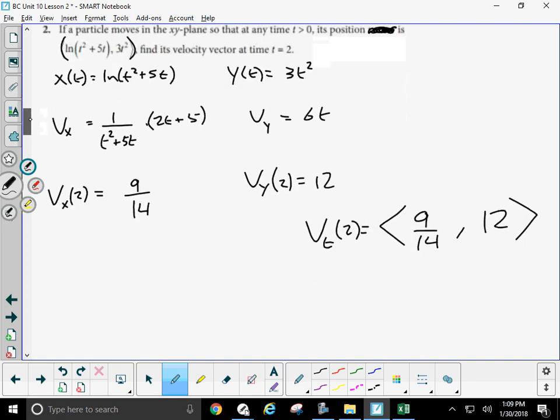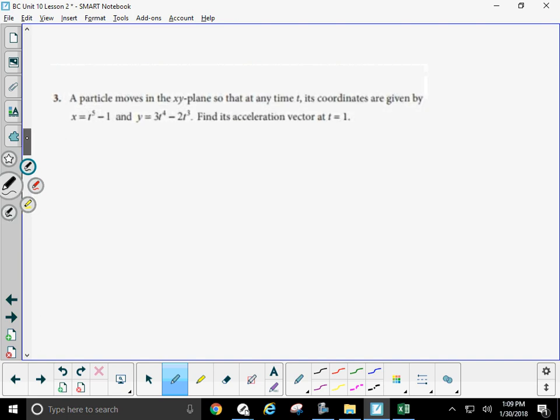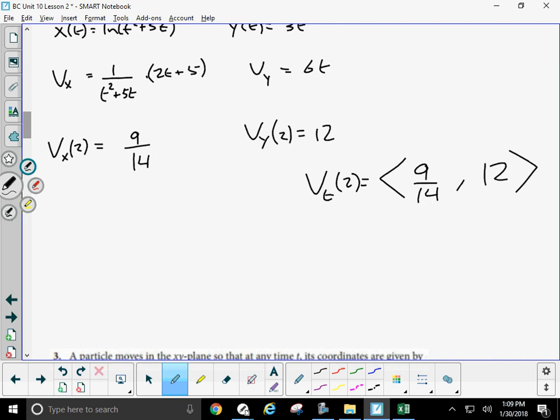That is new. Why don't you guys do this one? We got a particle moving in the xy plane, coordinates given by x and y. Find its acceleration vector at t equals 1. The answer was 9/14, comma 12.